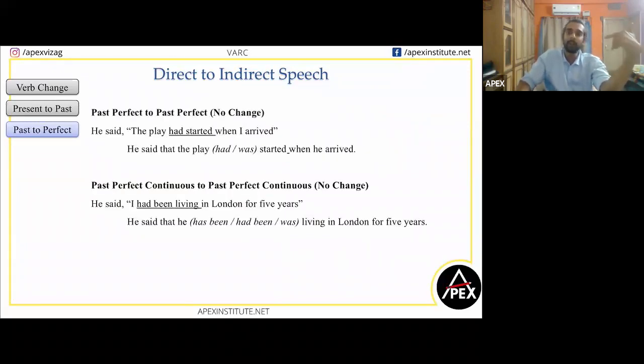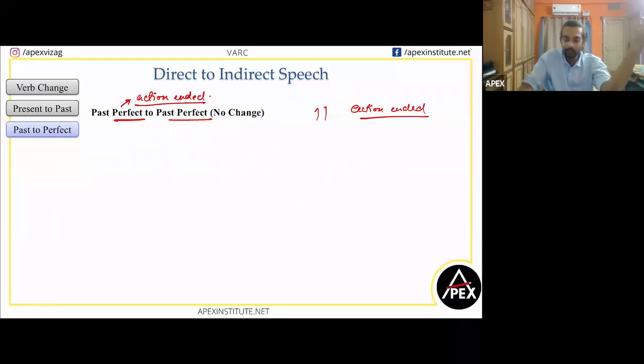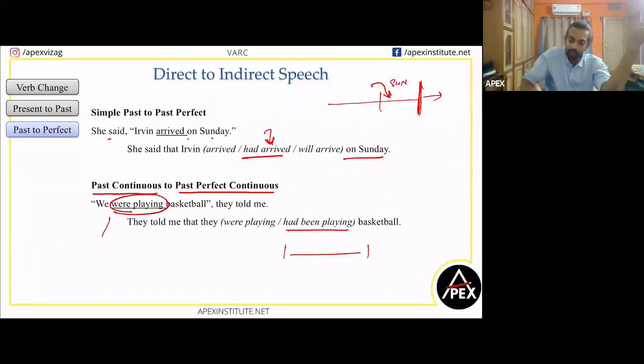Now what about past perfect? If it is in past perfect, here action ended, no? Now when you are telling it also action ended, no? That means there's no change. Kada? See, in the previous thing, here action was going on. But right now, action that was going on ended.